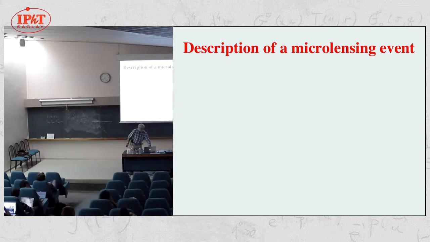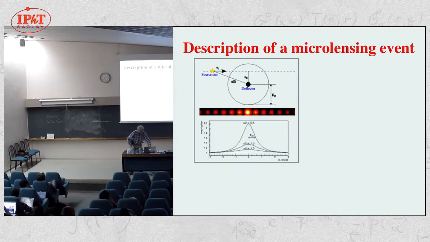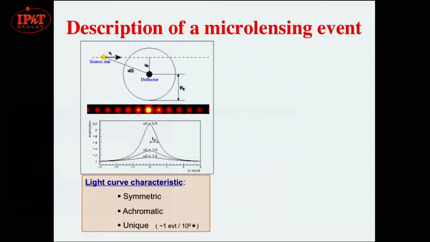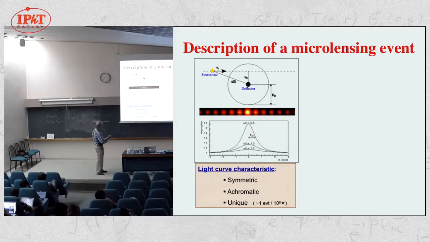Here you have a description of a microlensing event, represented in the projected transverse plane. You have the deflector, and you can either consider that the deflector goes in front of the star, or the star goes in the background of the deflector. So you have this relative velocity between the source star and the deflector.